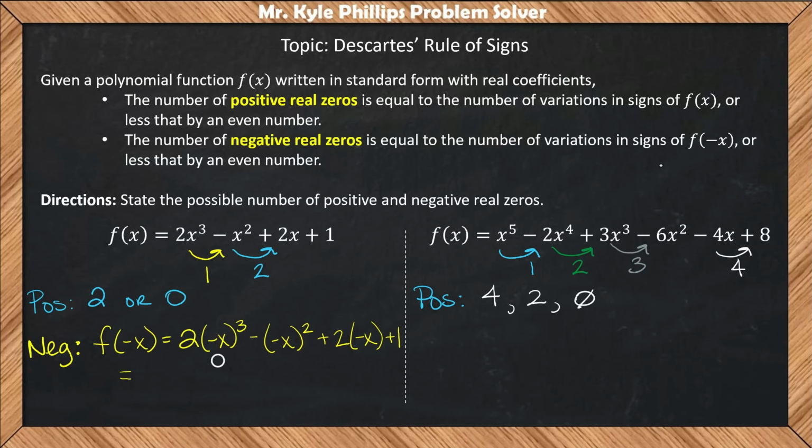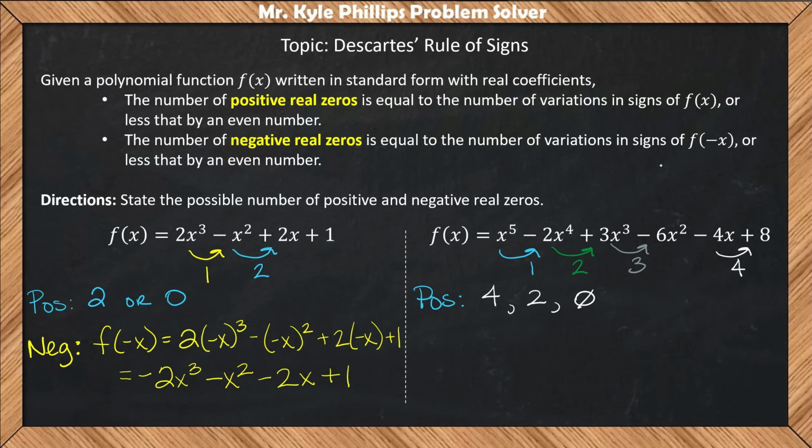So negative x cubed is negative x cubed, and then negative x cubed times 2 is negative 2x cubed. Negative x squared is positive x squared, but this is a minus, so this will be minus x squared. 2 times negative x is negative 2x, and then plus 1.